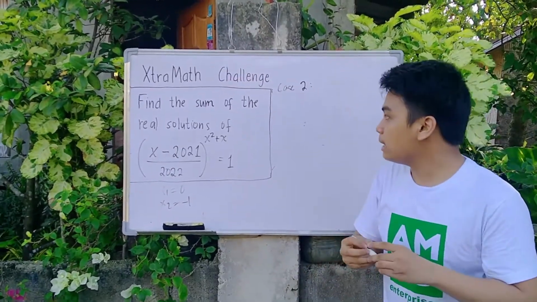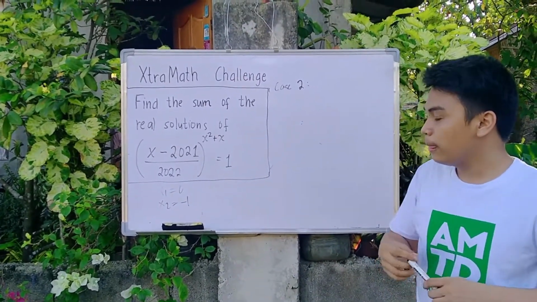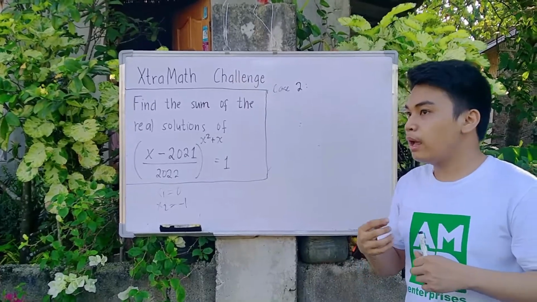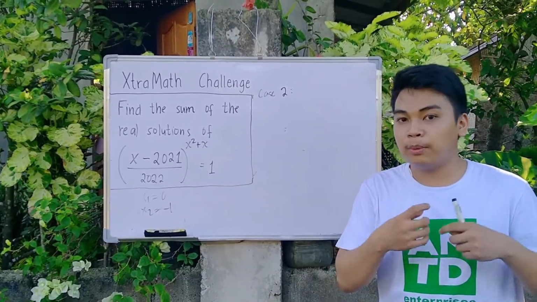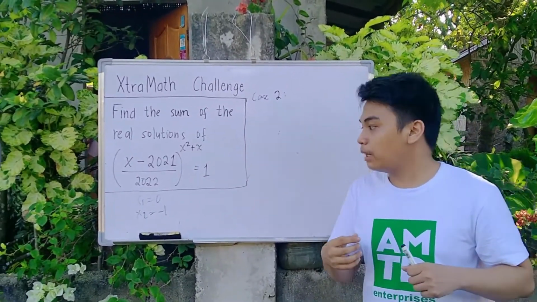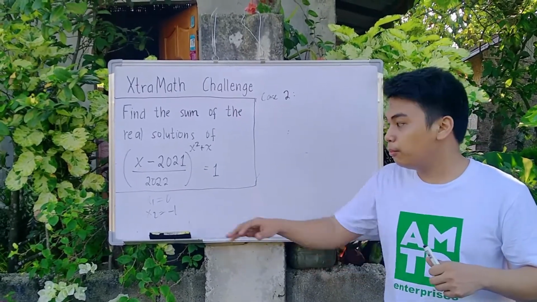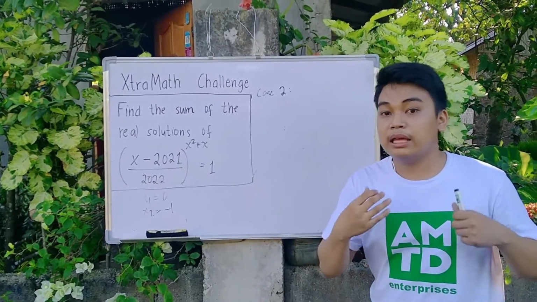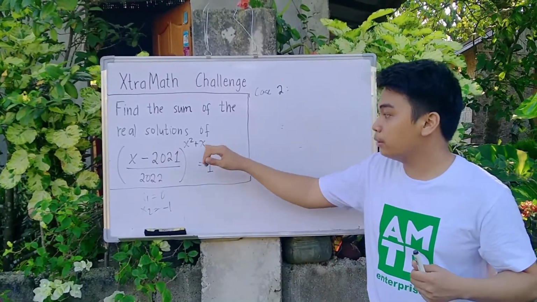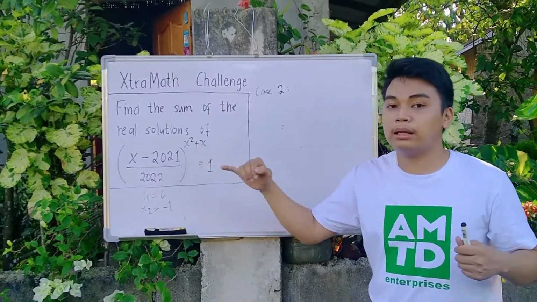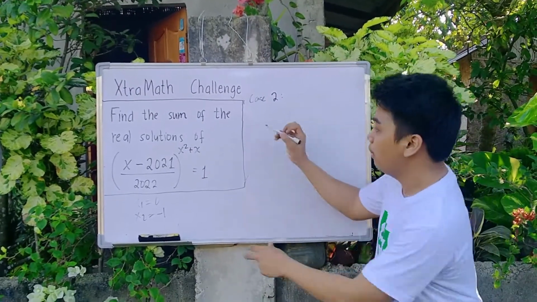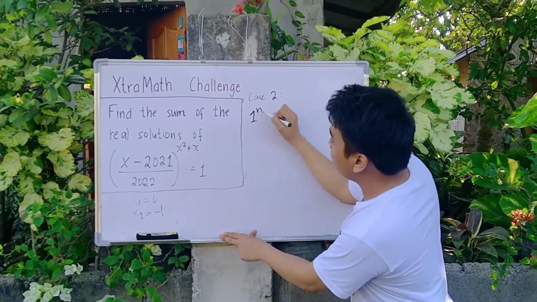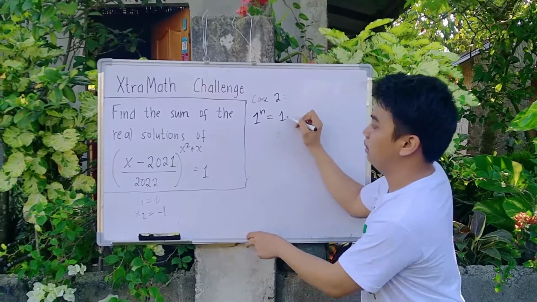Para maging 1 yung result natin, yung second natin gagawin is i-treat natin yung base natin as equal to 1, tapos yung exponent natin is any number, kasi 1 raised to any number is equal to 1 naman.